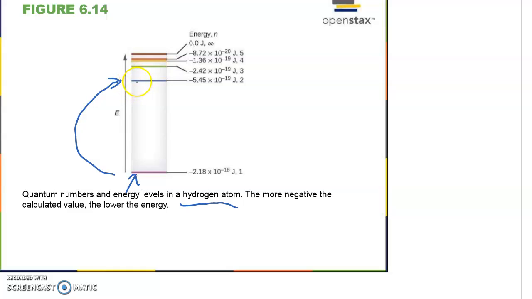That is n equal to 2, n equal to 3. When the electron is over here, there are options. It can either jump from level 3 to level 2, or from level 3 to level 1, or from level 2 to level 1.